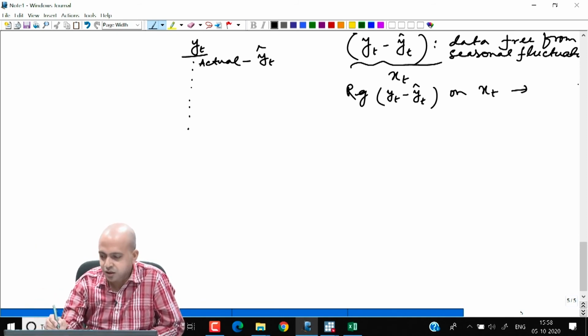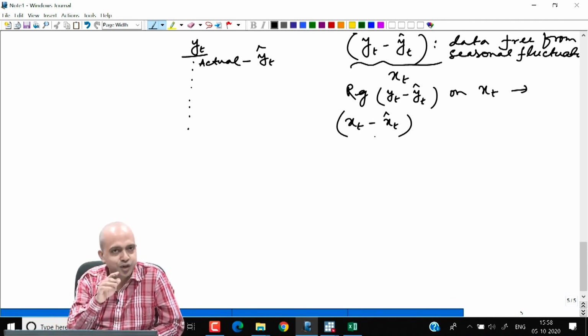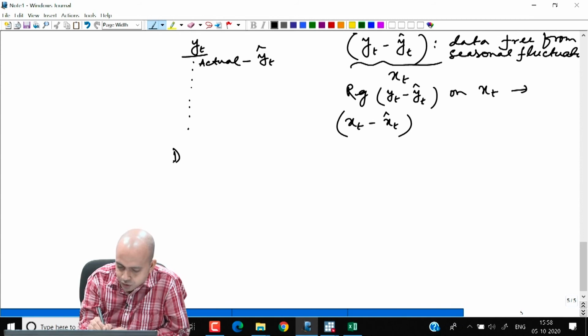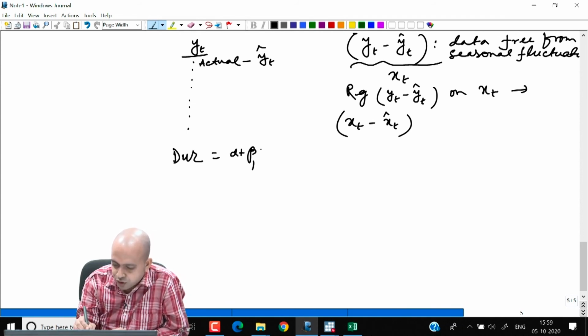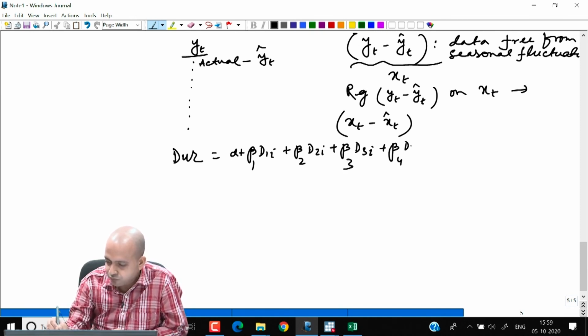And if you follow the same procedure, then for Xt minus Xt hat, you take Xt, your durables, as the dependent variable: alpha plus beta 1 d1i plus beta 2 d2i plus beta 3 d3i plus beta 4 d4i plus ui.